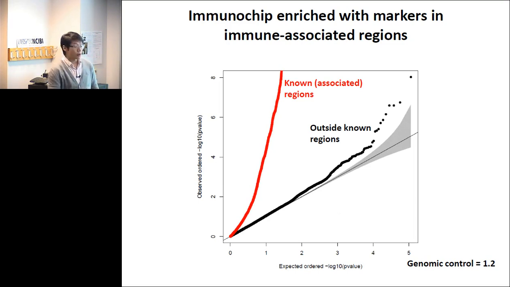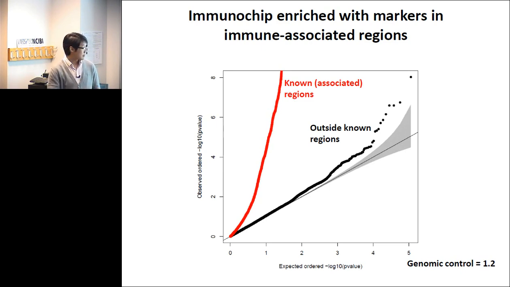We separate the markers into those from regions of previously associated loci, the red ones, and those outside the previously associated loci. Okay, so obviously the ones in the associated regions are highly inflated, which we would expect.